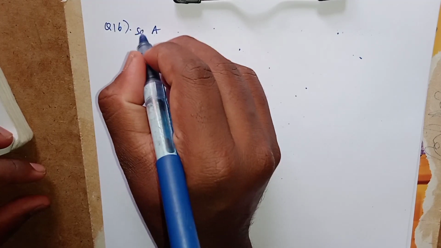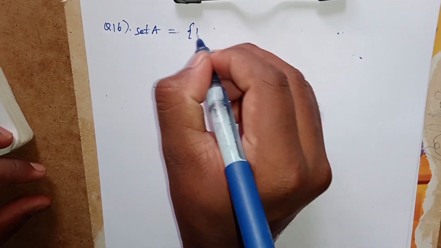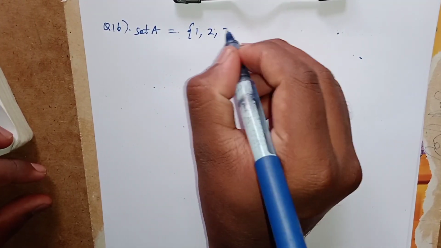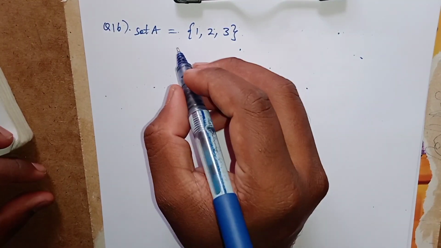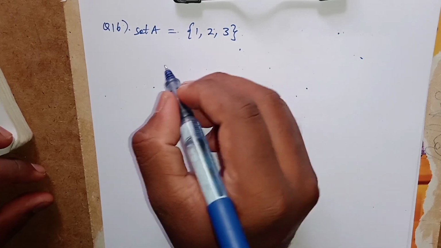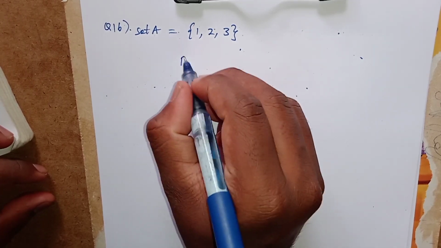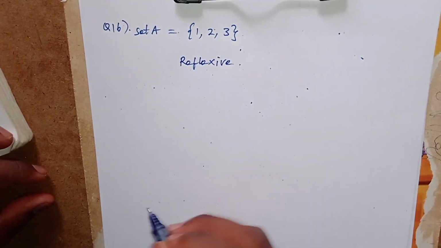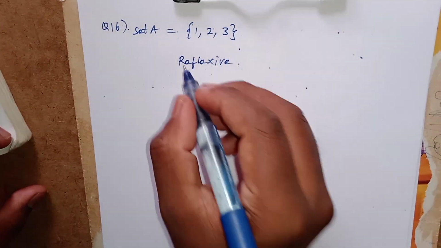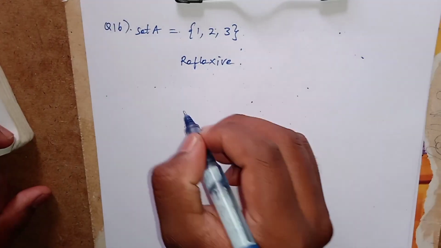Set A = {1, 2, 3}. First we have to know what we mean by reflexive. There are three conditions: reflexive, symmetric and transitive.